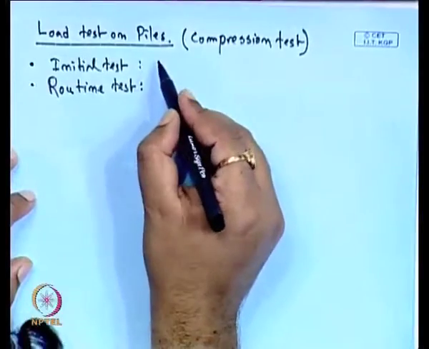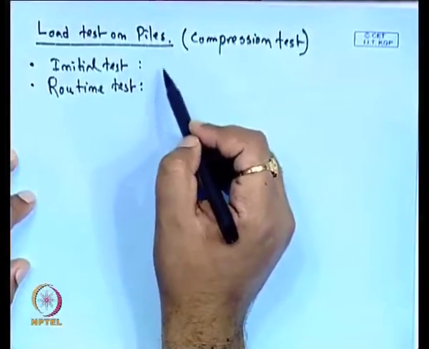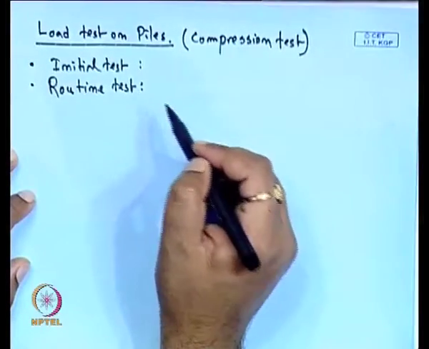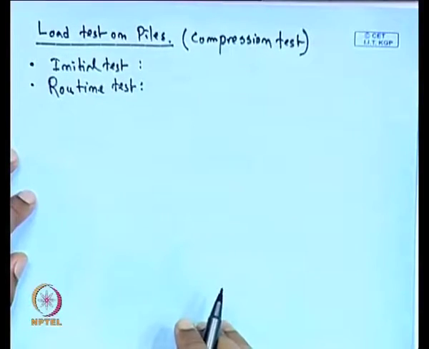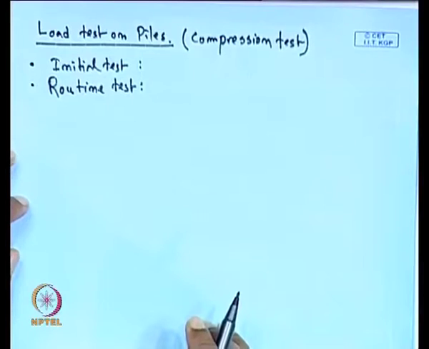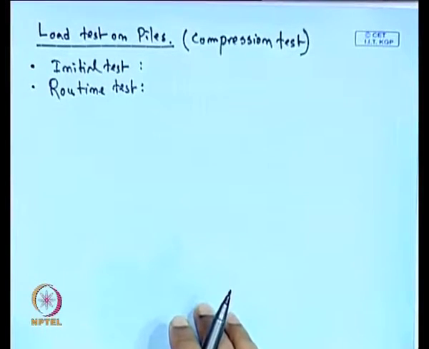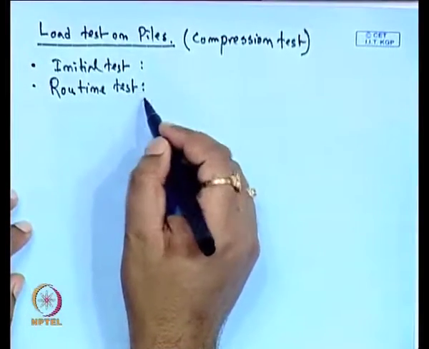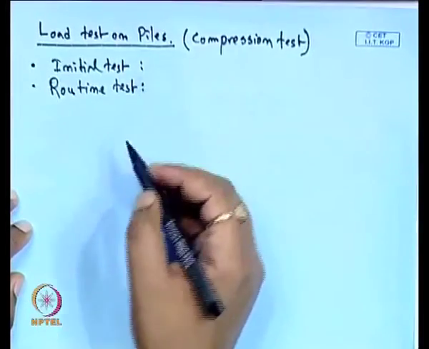The routine test is carried out to check the working pile load and to know the corresponding settlement of the pile at that working load. The routine test is performed on the working pile and the initial test on the test pile.